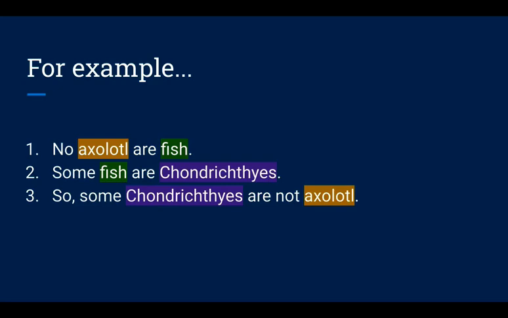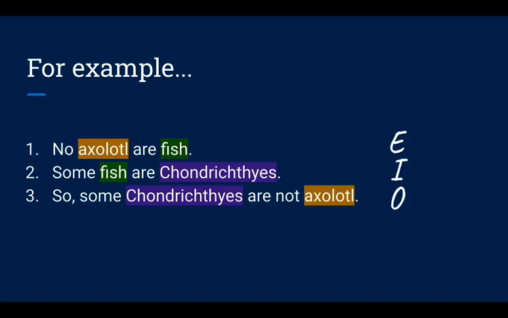Okay, now that we've placed it into standard form, we need to recognize that it is composed of an E, an I, and an O statement. So with that in place, one other thing we have to do is figure out its figure. As it turns out here, the middle term, that's what we have to look for, which is fish in this case.